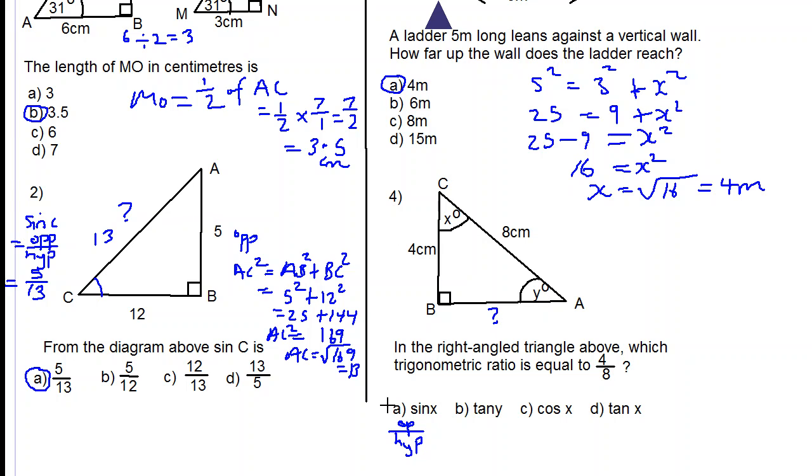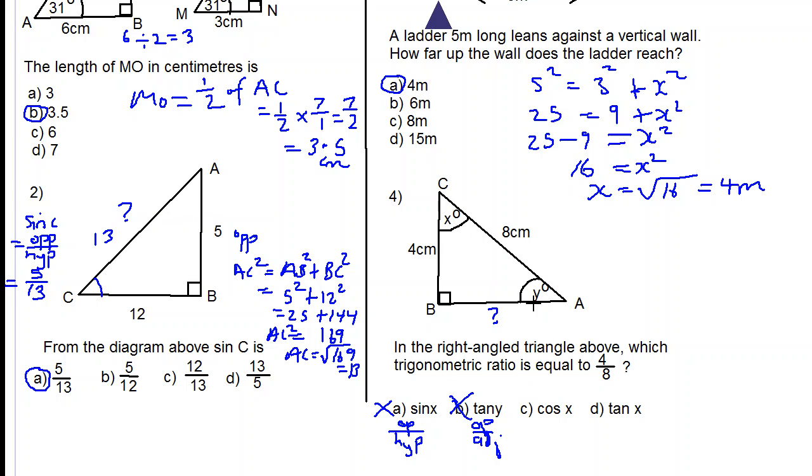So it cannot be A. Let's look at B, tan Y. Now tan Y, if we stand at Y, is opposite over adjacent, and that would be 4 over AB. We are not provided with AB, so we know that B is not the answer.